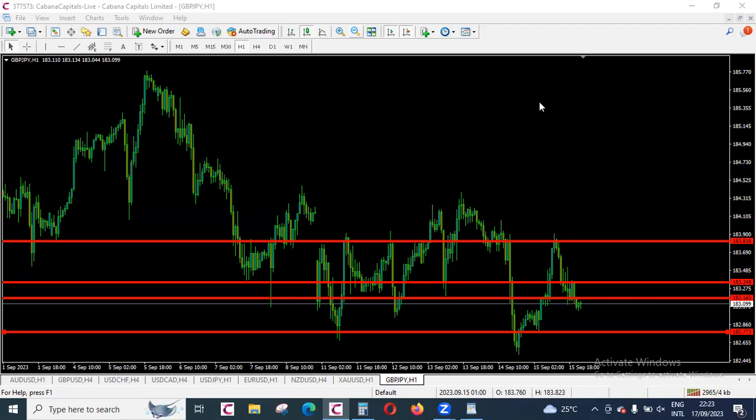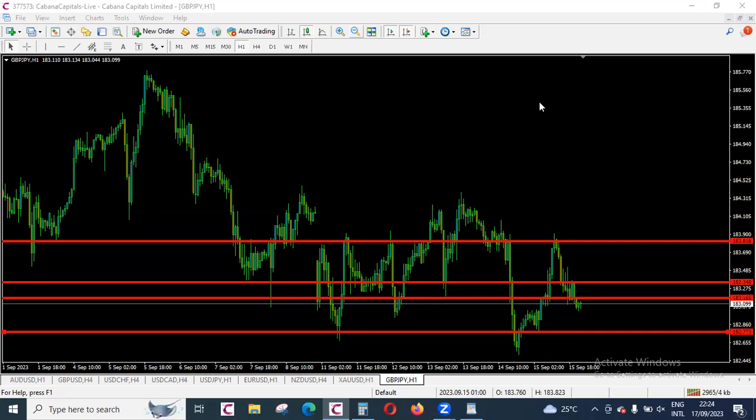So if my bias on the weekly is bullish, I want to look for a breakout from resistance on 4-hour or 1-hour time frame. I could identify my support and resistance on weekly, daily, and 4-hour. Once the trend on the weekly is bearish, I want to look out for breakout from support. If the trend is bullish, I want to look out for breakouts from resistance.